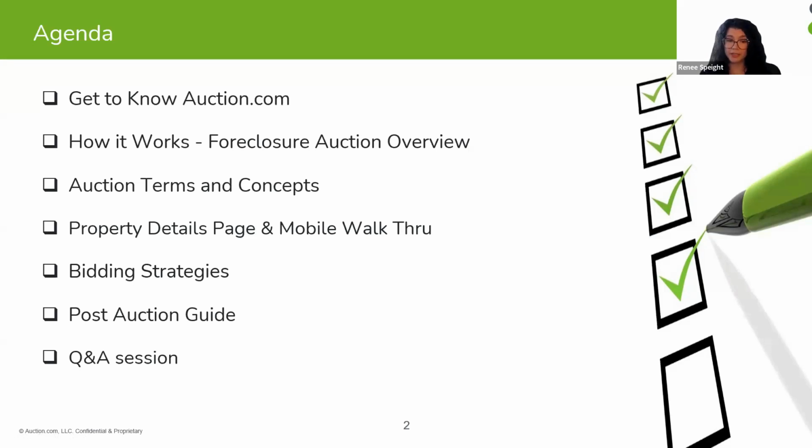We'll also share some bidding strategies to help you maximize your chances of winning at an auction and how to avoid common mistakes. And when you've hopefully won a property, we'll cover those next steps, such as finalizing your purchase, handling any post-auction responsibilities, and ensuring a smooth transition.